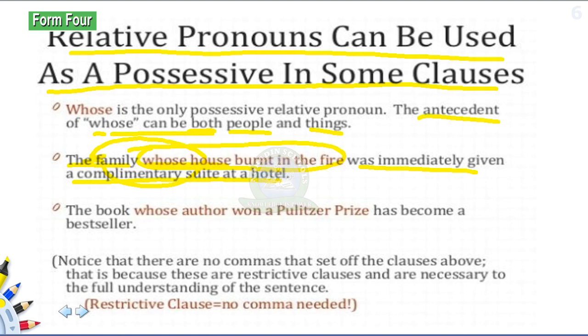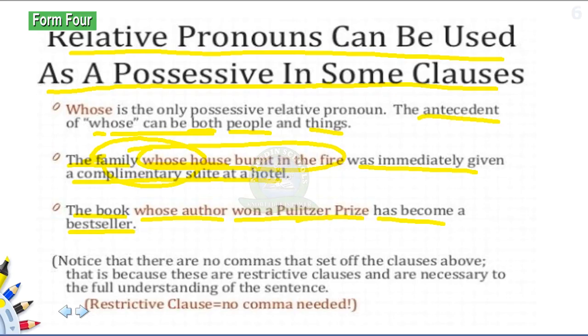So the book, look here: the book whose author won a Pulitzer Prize has become a bestseller. How many clauses in this sentence? And how many relative pronouns? Two clauses. The book whose author won a Pulitzer Prize.